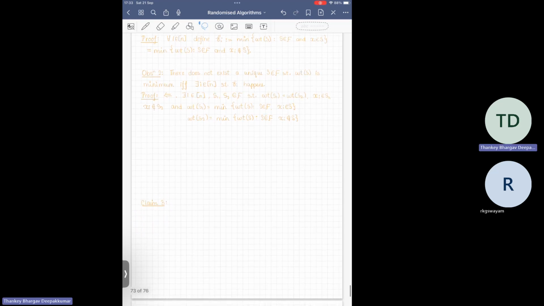So now what I'll do is I'll show that the two sets S1 prime and S2 prime that we were after are actually S1 and S2. And this would solve our problem.